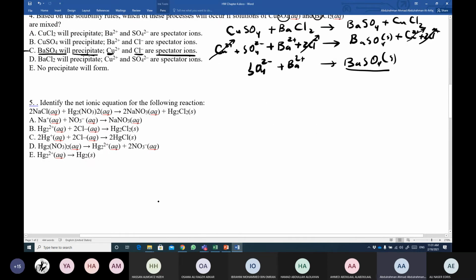5. Identify the net ionic equation for the following reaction. Net ionic equation.